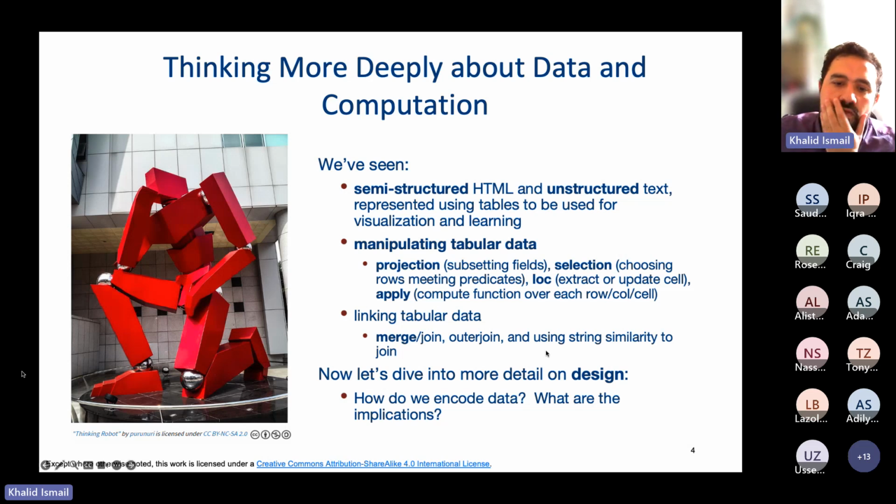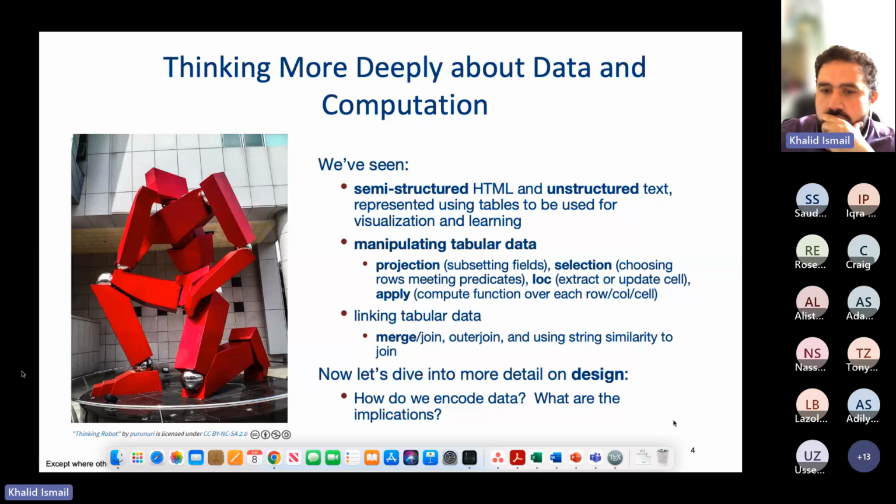Now we're talking about design, and we're going to learn more about what we mean by design. Designing is important even for the data itself, and it's quite important. You can think about a task in terms of designing everything.